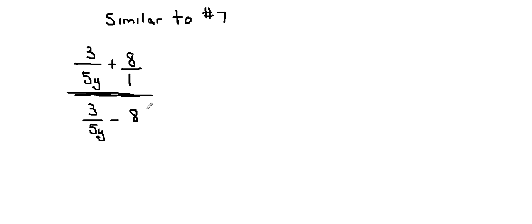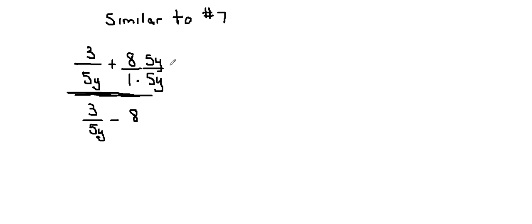Our sub-goal is to get the denominators to be the same. So in order to get both these denominators to be 5y, I have to multiply this 1 by 5y. And remember, what I do to the bottom, I have to do to the top to keep the problem the same, not changing it. So that's what it's going to look like.